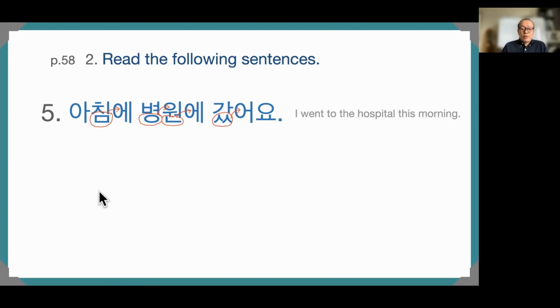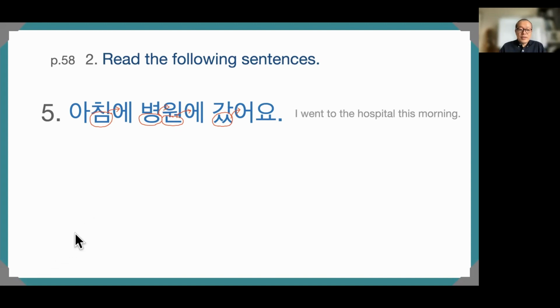So if you read this, 아침에 병원에 갔어요. Okay. In this case, this is a final consonant, the same as this basic consonant, but the basic consonant does not have a sound value here. So in that case, this 병 sound still remains here because they are the same.